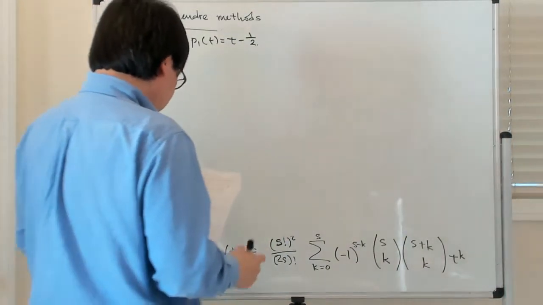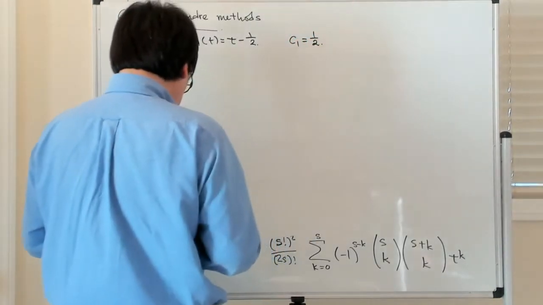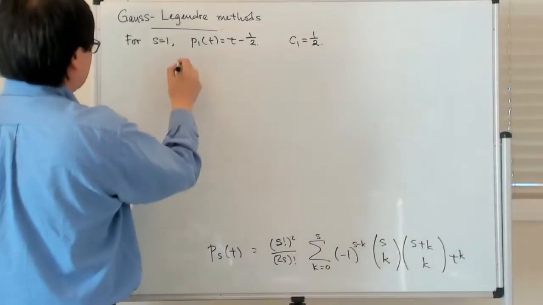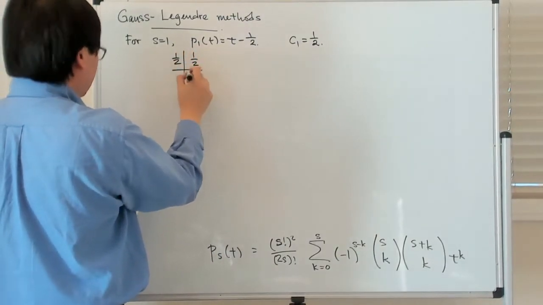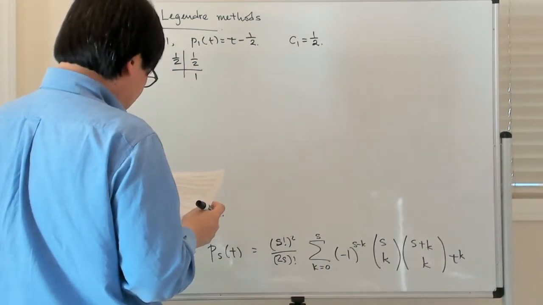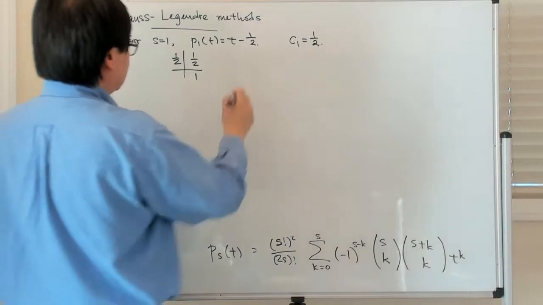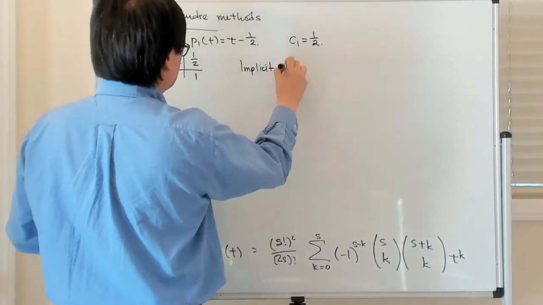The root of that, of course, is just 1/2, so c1 is 1/2. And then you can write the method in the following way: 1/2, 1/2, and 1. And this is, of course, nothing more than the implicit midpoint rule.